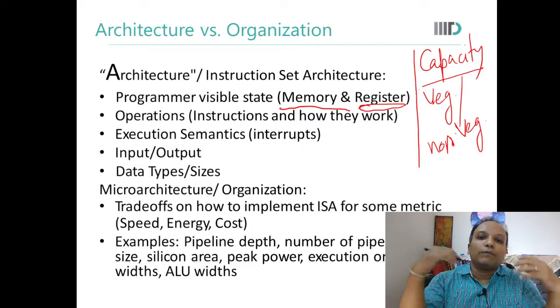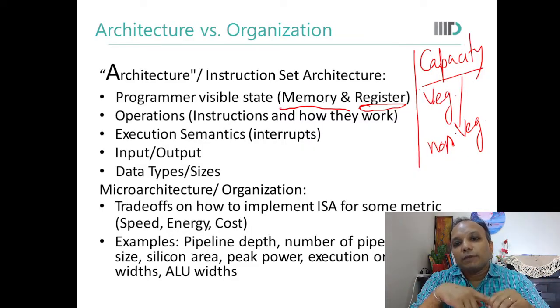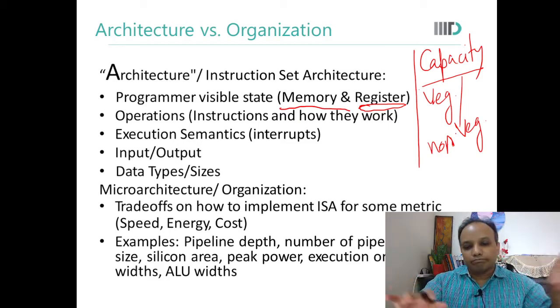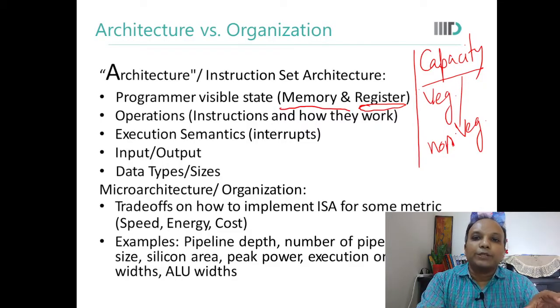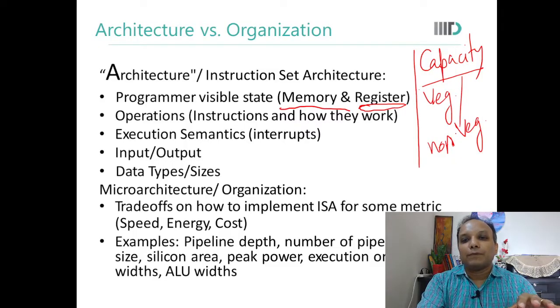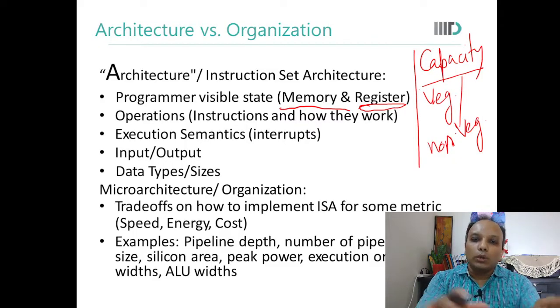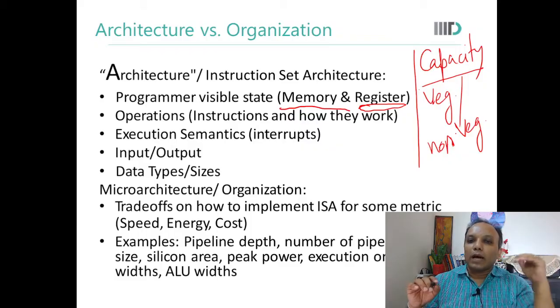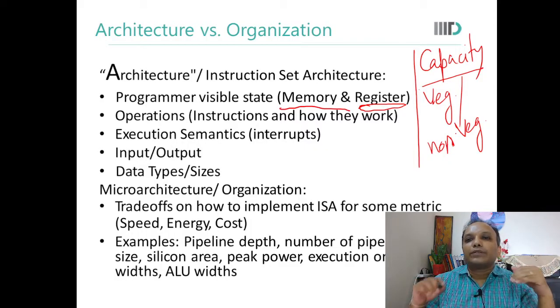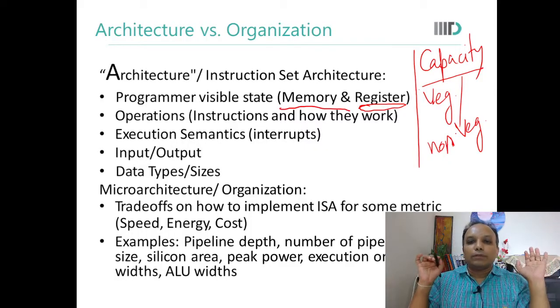Now, try to visualize, if it can handle both, you have to have all the precautions and arrangements for making sure that veg and non-veg do not get mixed up. You have different counters, etc. But at the ISA or architecture level, you will just say whether it will be able to handle veg or non-veg or not.